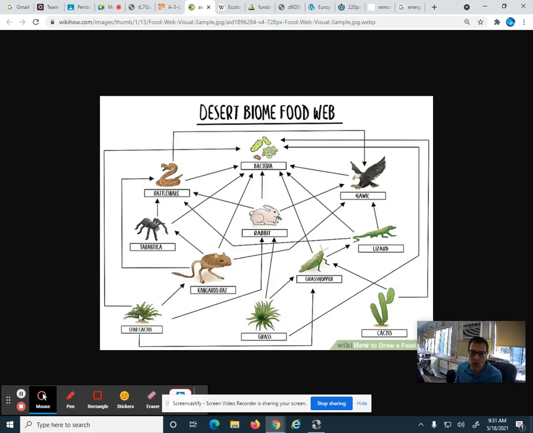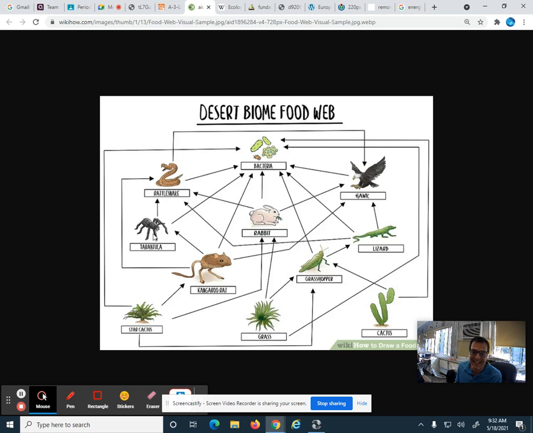Okay? So we can also pick out the different levels. There's some different names here. These are all called producers because they produce their own food, and anything that eats something else is a heterotroph, gets its energy from eating other things, but they're also called consumers. So we have different levels of consumers. If you are a first level or primary, which means first level consumer, you eat the producers directly.